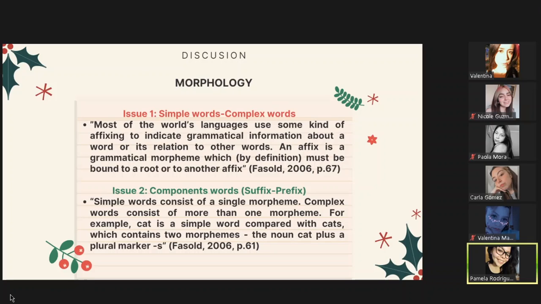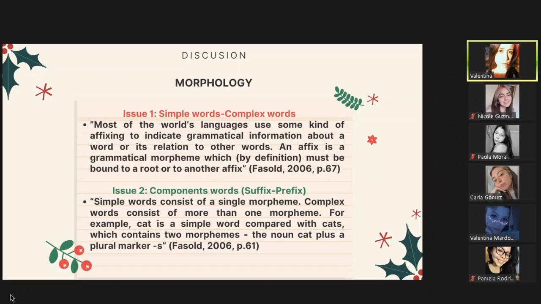The other issue is simple words and complex words. Simple words consist of a single morpheme. Complex words consist of more than one morpheme. For example, cat is a simple word compared with cats, which contains two morphemes, the noun cat plus a plural marker s.